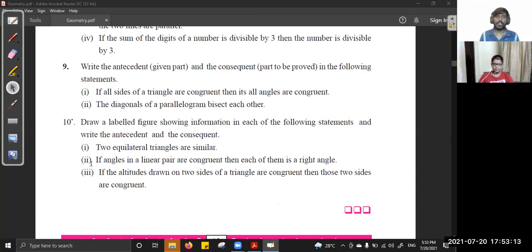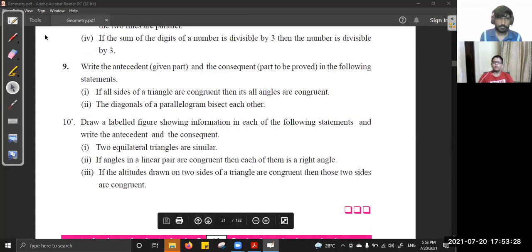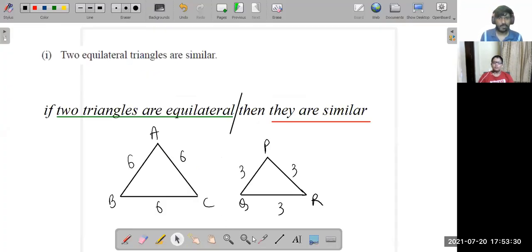The second one is angles in linear pair are congruent. Do you know how to draw angles in linear pair?